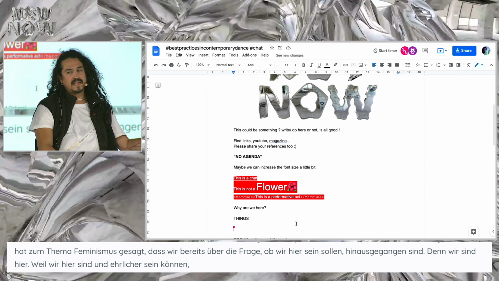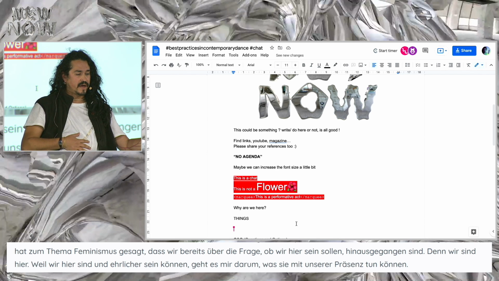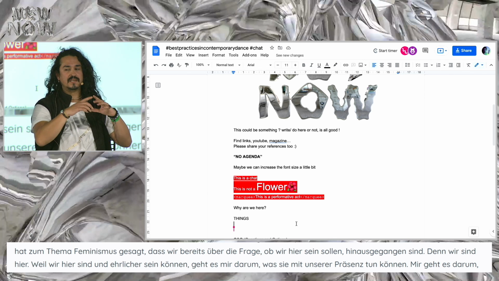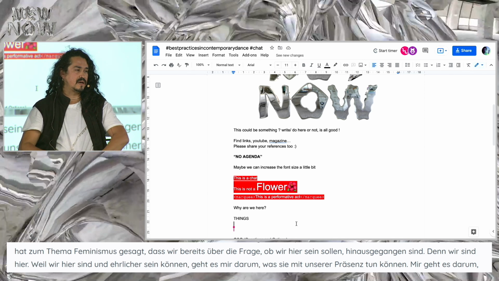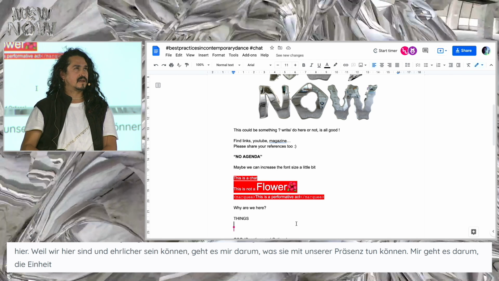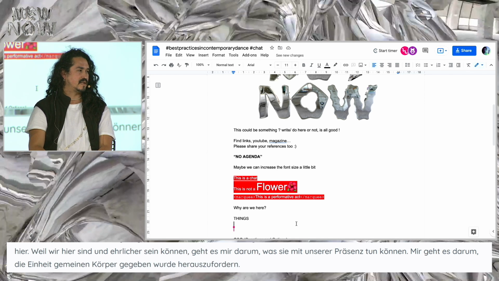So I'm interested in trying to renounce, or challenge, the unity that I was given as a body, and the assumptions that I receive as taxonomical presumptions about my gender and stuff like that. And it's an ongoing process.